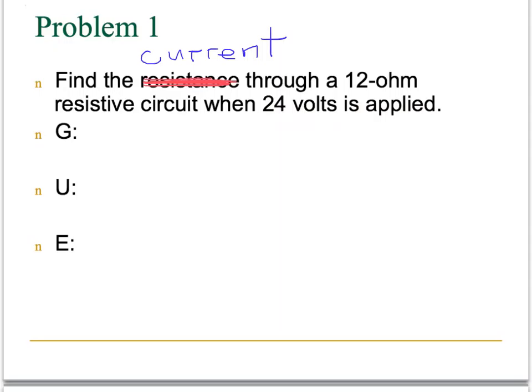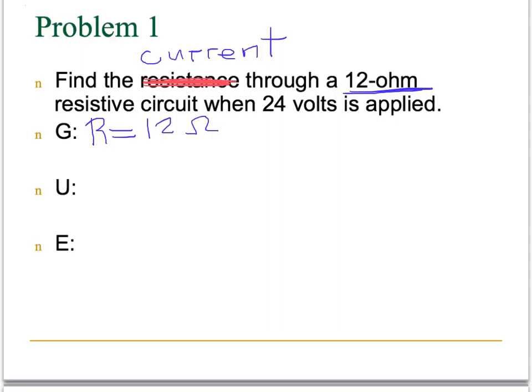So what are we given? First, let us look into this quantity which says 12 ohms. Now notice that the quantity with the unit of ohms is actually our resistance. So therefore, R is given as 12 ohms. You can use this symbol for ohms.